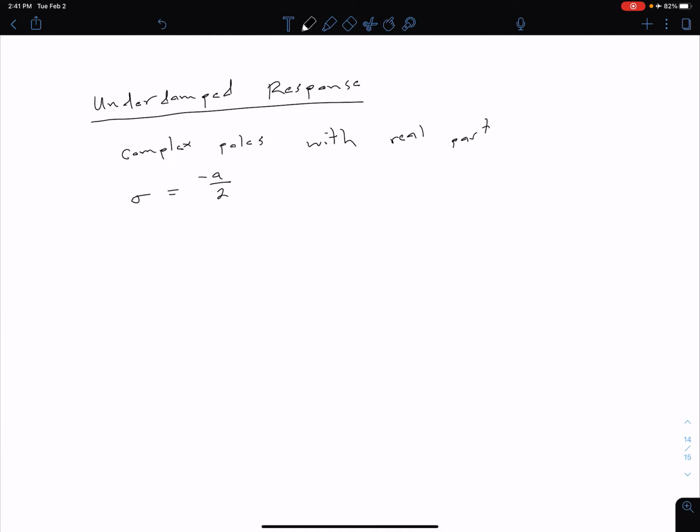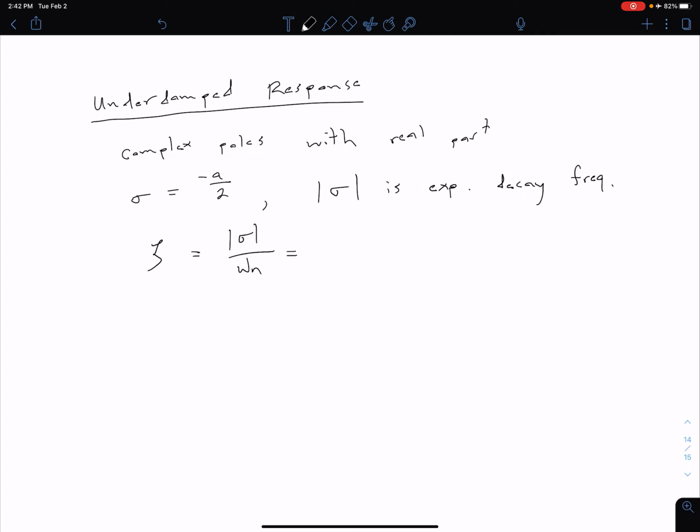Knowing that, we can then say that the magnitude of our sigma is our exponential decay frequency, based on the natural response form for our underdamped case. So, based on our definition of our damping ratio, zeta is equal to the magnitude of sigma divided by omega n, our natural frequency.